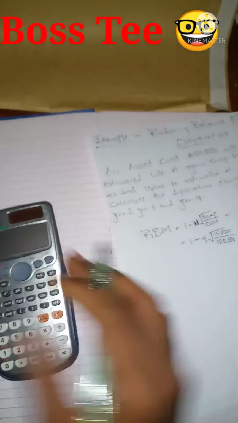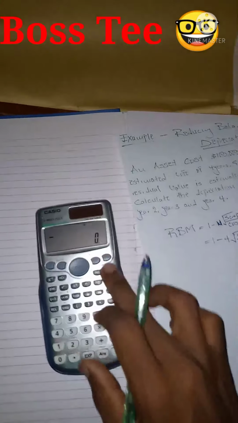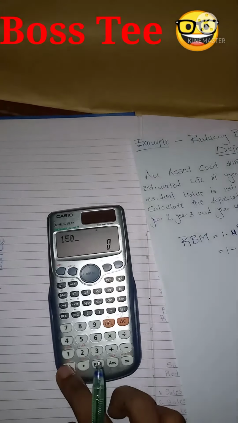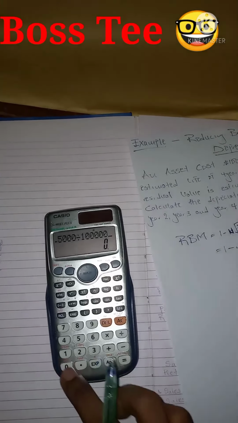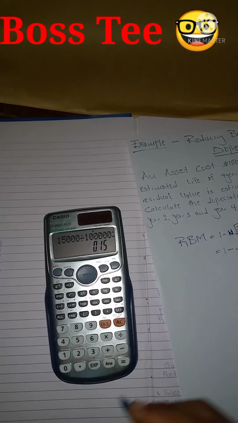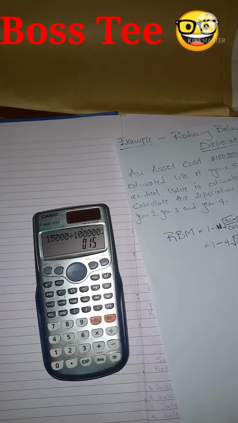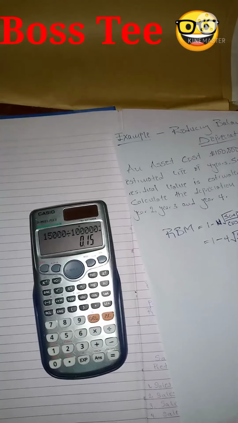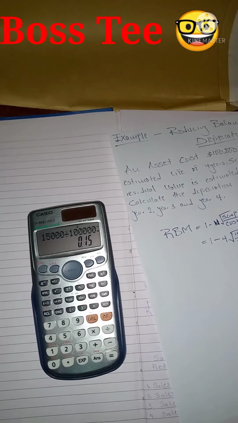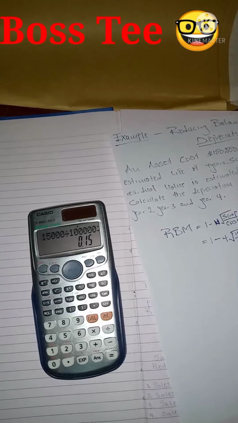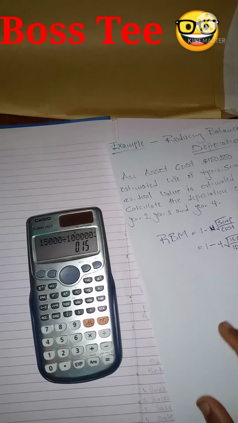We first use 15,000 upon 100,000. What do we have? We have 1 minus the fourth root of 0.15.